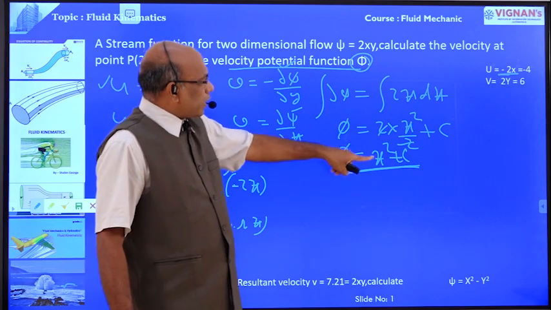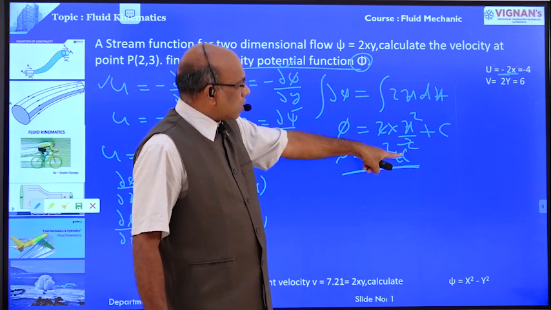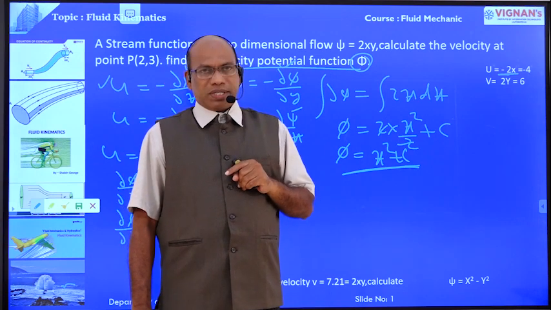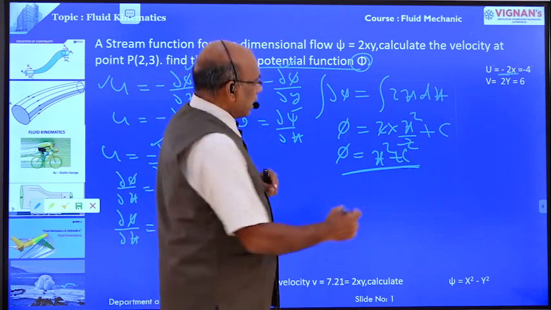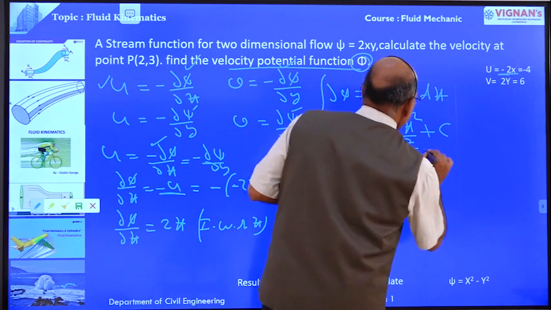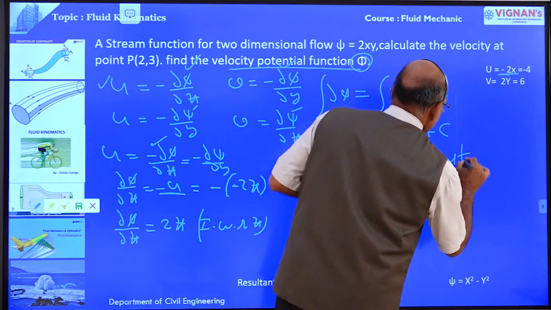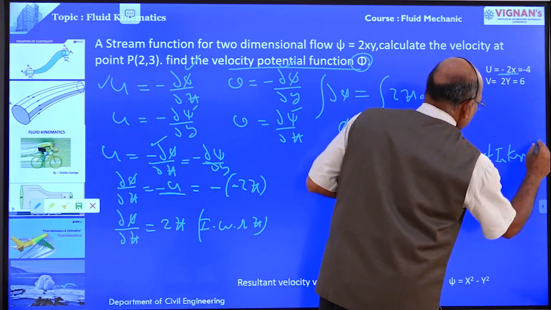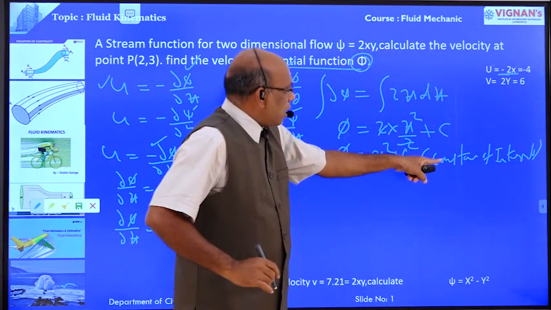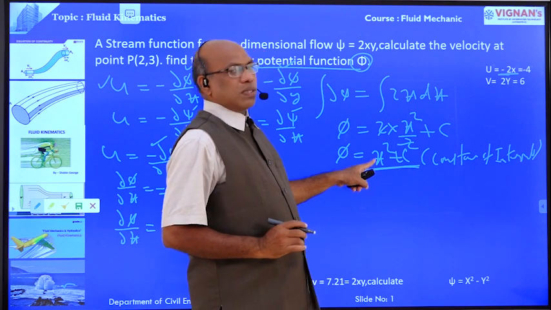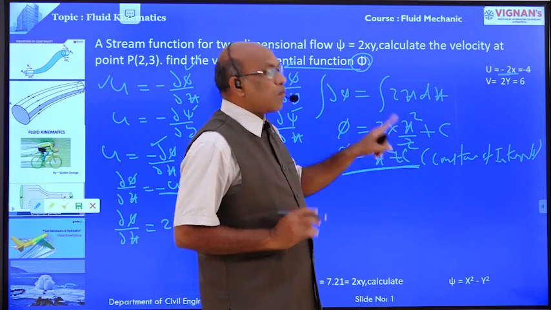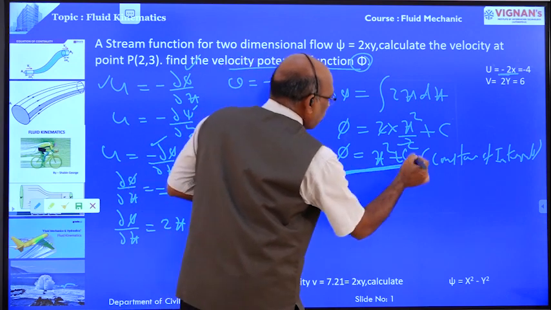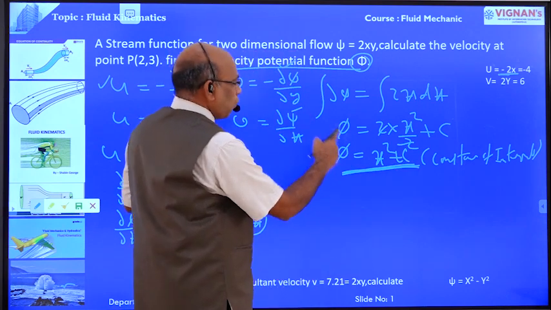Now we are going to determine the c, that is the constant of integration, based on the boundary conditions. Here this constant of integration is not a function of x, but it can be a function of y. Therefore this equation is differentiated with respect to y.